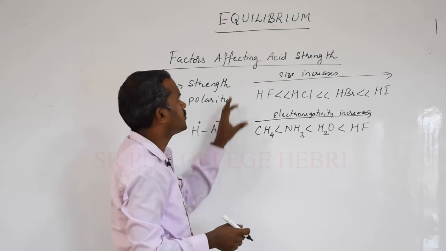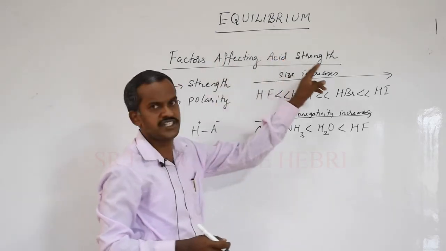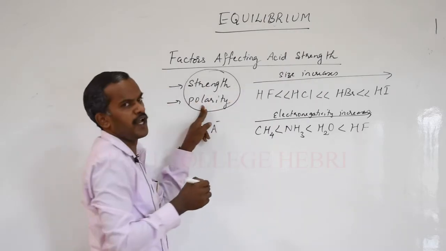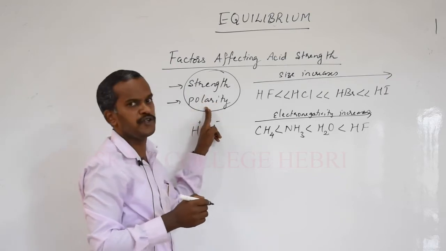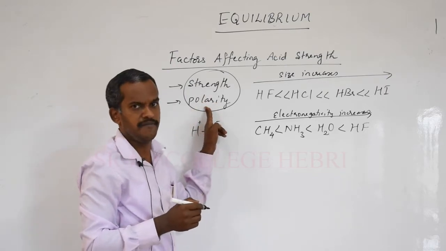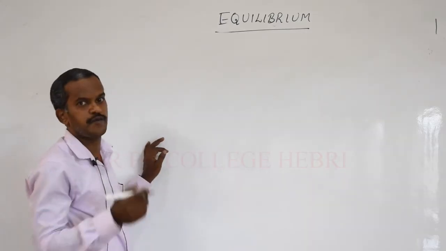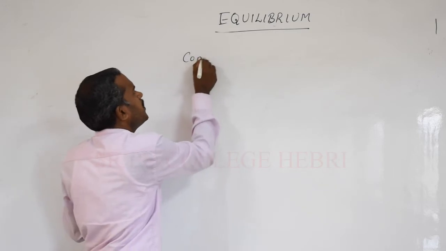This is simple, about the factors affecting acidic strength. You have to remember these two factors, strength and polarity. Strength depends on the size of the atom, polarity depends on the electronegativity. Are you clear? Okay students, now we'll understand one more important phenomenon in equilibrium, that is the common ion effect.